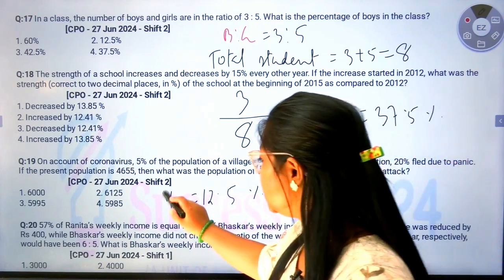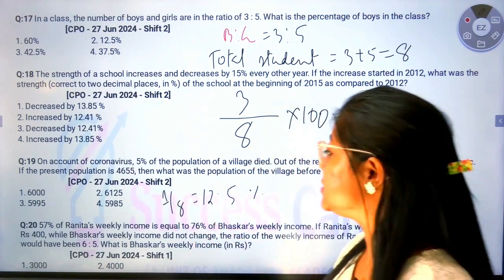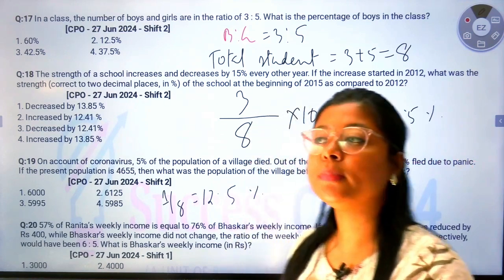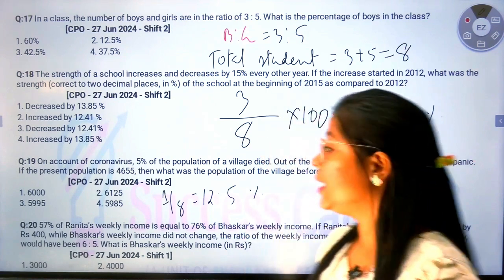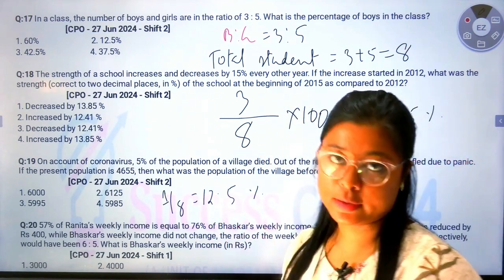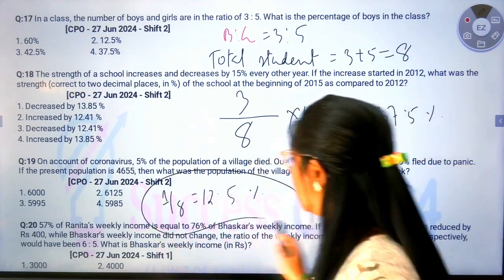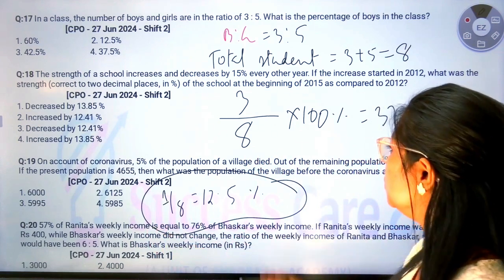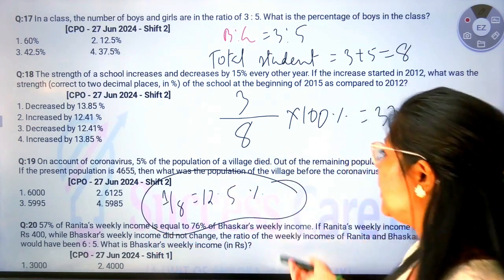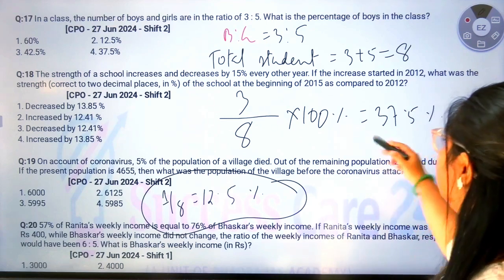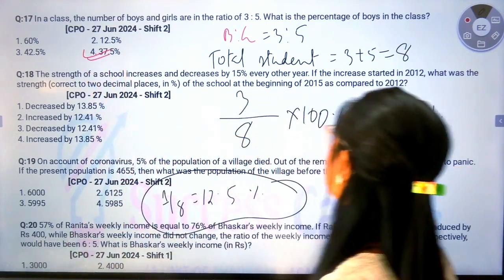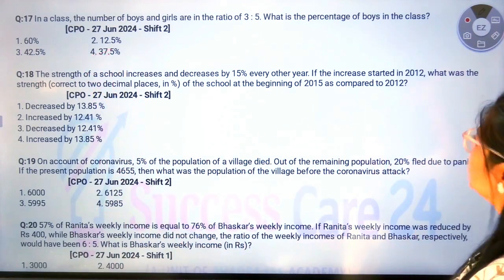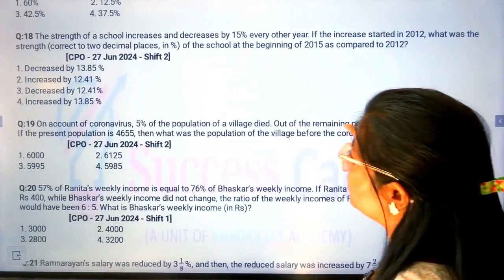So please memorize this table, what the percentage is and what the corresponding fractional value is. Like 1 by 8 is 12.5%. If you remember this, your calculation will become easier. So if 1 by 8 is 12.5, then 3 by 8 will be 37.5%. You memorize the table. This is your homework: the fraction to percentage conversion table, very important.